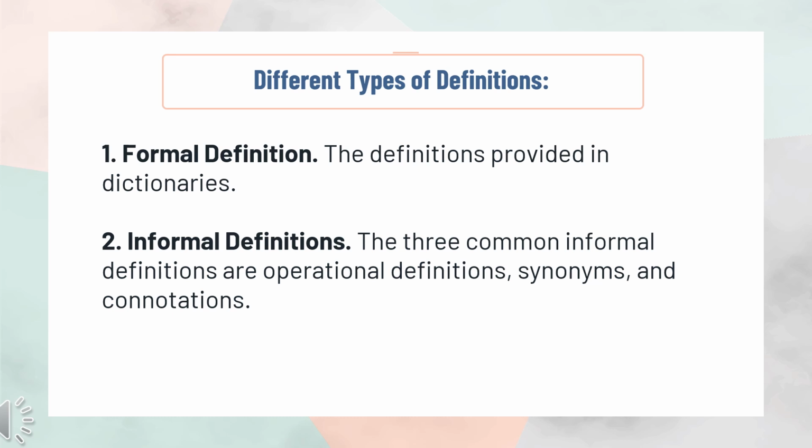Next, last but not least, we have connotation. Connotation is an idea or meaning suggested by or associated with a word or phrase. You can say also that connotation refers to the symbolic meaning of a certain word. For example, the word white, no? The formal definition of the word white, if we're going to define the word white, it is a color. That's the meaning of it. But if we're going to look for the informal definition of white and the connotation, the question is, what is the symbolic representation of white?